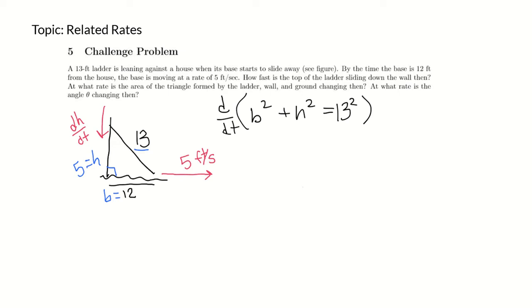Okay, derivative of this first part using the power rule would be 2b, but since the base is changing with respect to time, we also need to write dB dt. Plus, derivative of h squared would be 2h, but again, this is changing with respect to time, so dH dt.